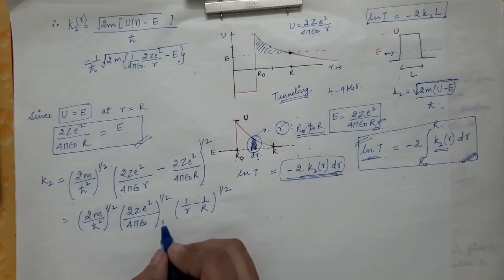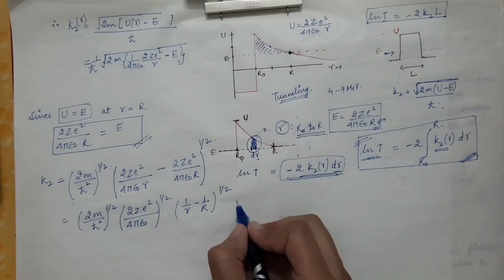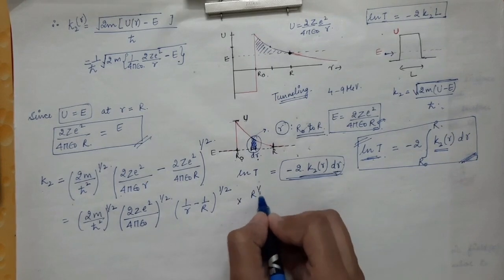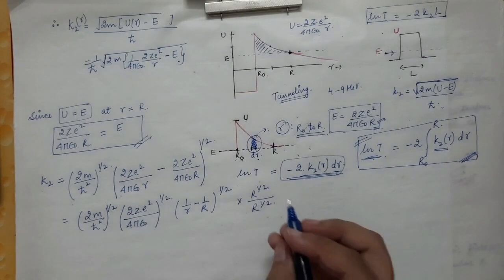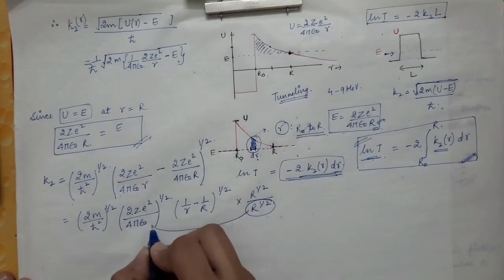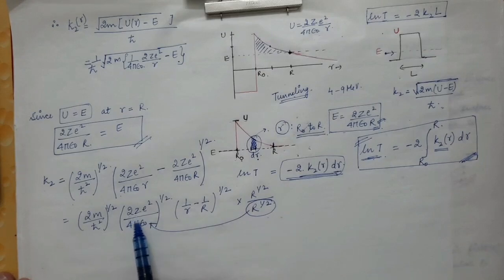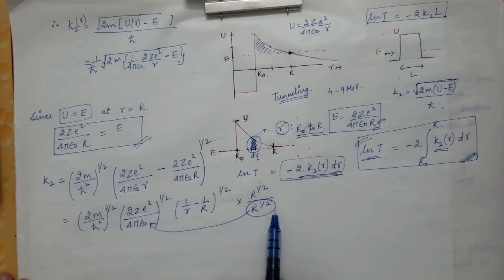Now we will do a bit of modification, and we will multiply and divide this term by r to the power 1/2. We will just club this r^(1/2) in this bracket. So here we have (2Ze² divided by 4πε₀) to the power 1/2, and here we have 1 divided by r^(1/2).